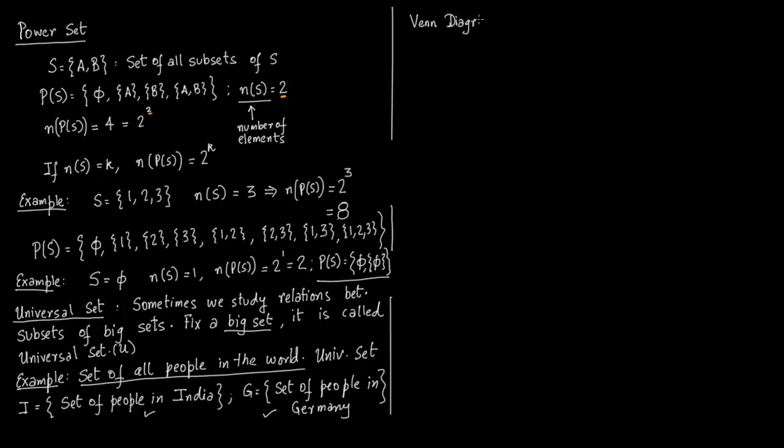So let us write down about Venn diagrams. Venn diagrams are named after English logician John Venn. We will describe Venn diagrams with the help of 3 examples.